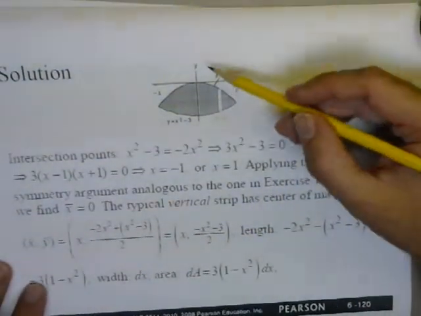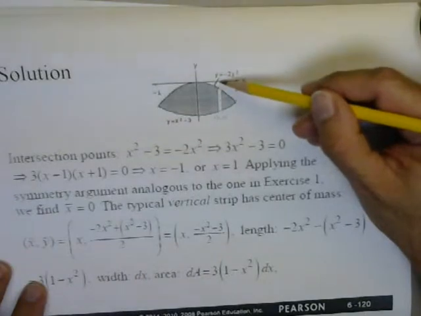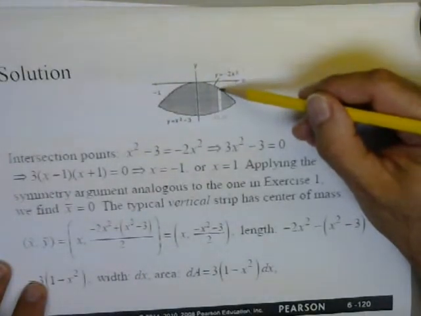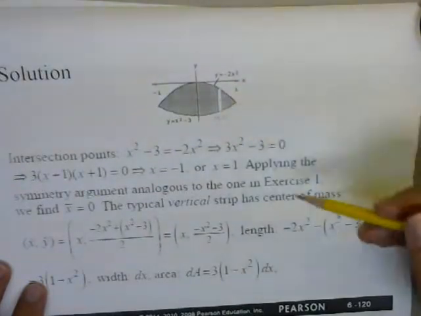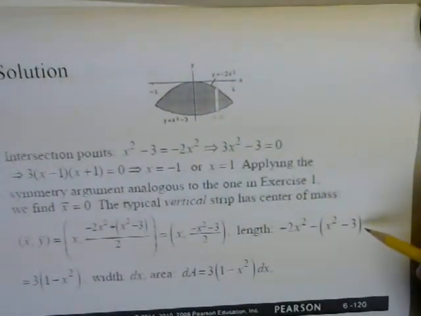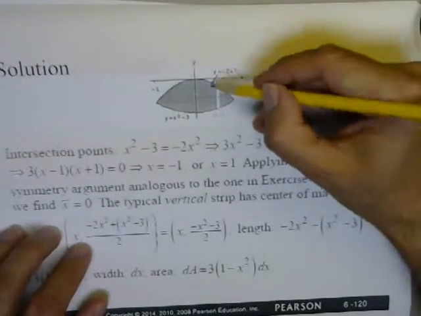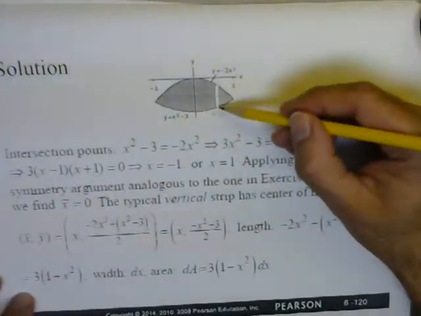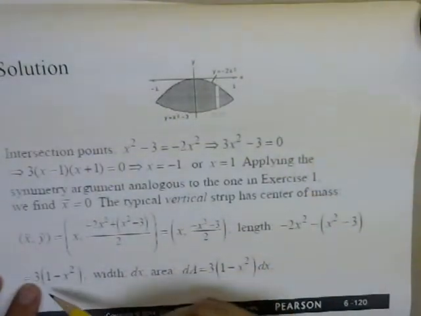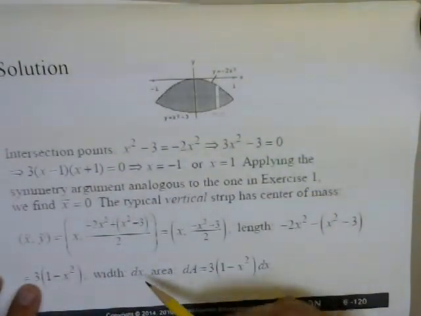And then the length of the strip, like I said, is this distance from here to here minus that distance, which would be given by that. And so the area of the strip is going to be the length of the strip, which is given by this, times dx.